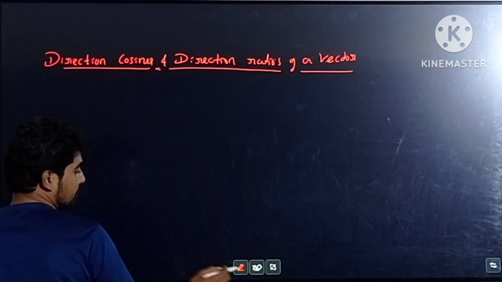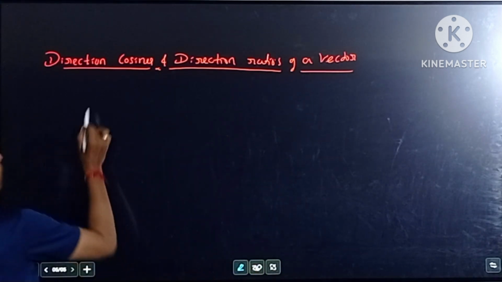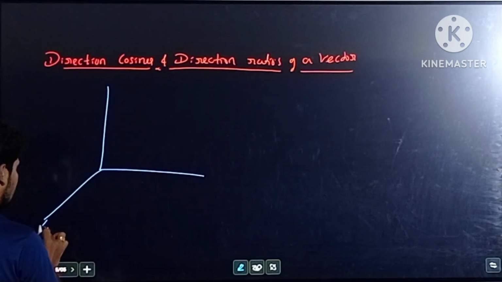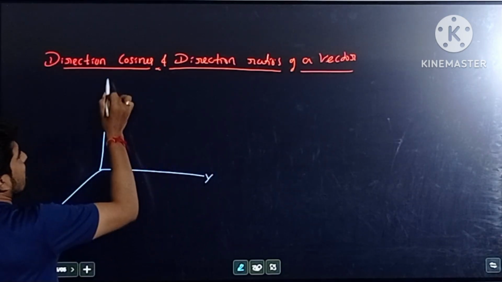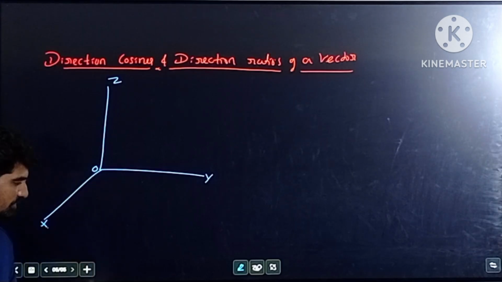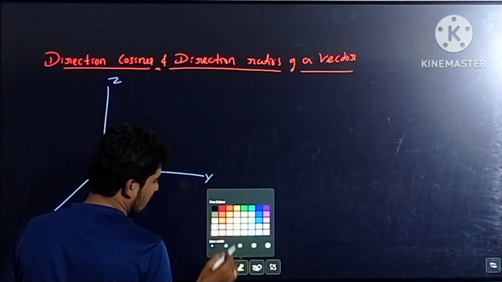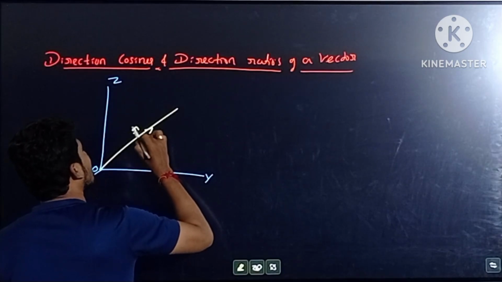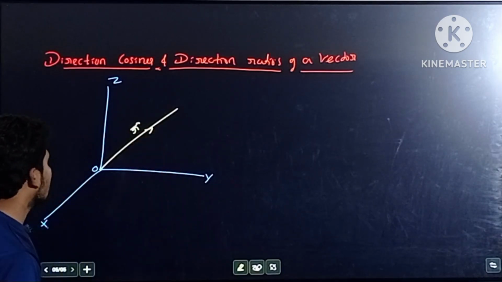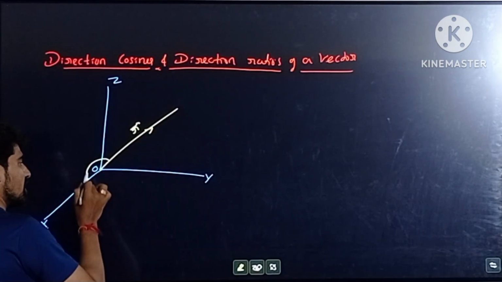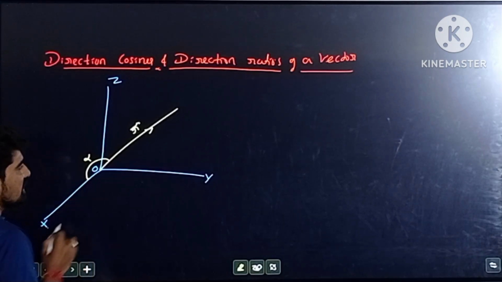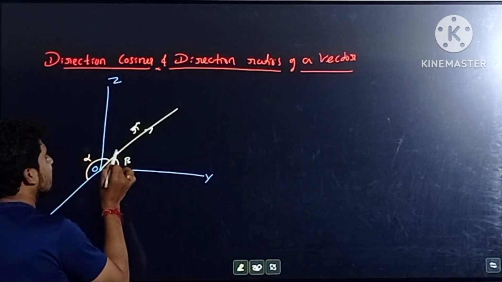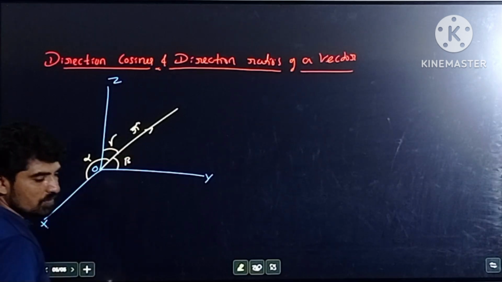So let's suppose this is the coordinate axes, x-axis, y-axis and z-axis, and this is the origin. And suppose this is an r vector, which makes an angle alpha with the positive x-axis, beta with the positive y-axis and gamma with the positive z-axis.